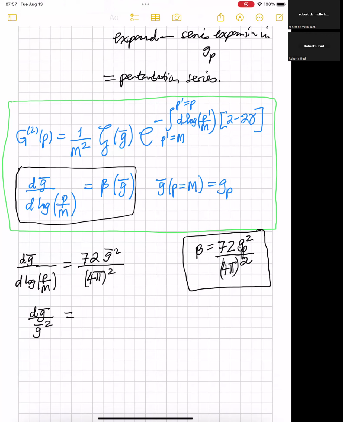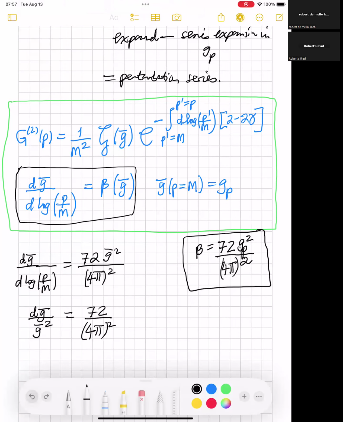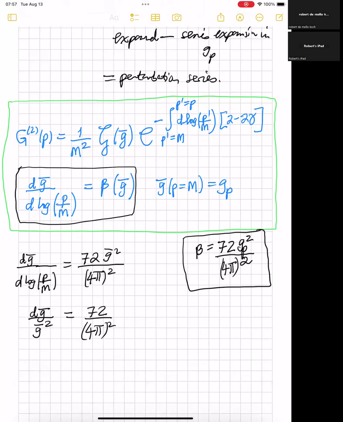Then I'll have 72 over 4 pi squared left, and I will take the dependence on d log p over m, d log p over m.